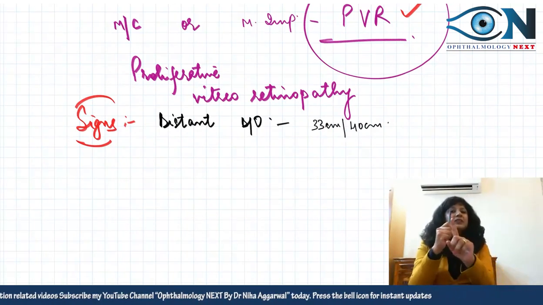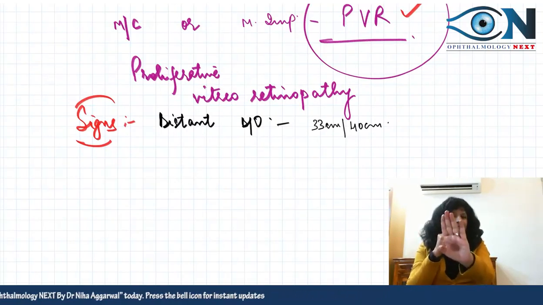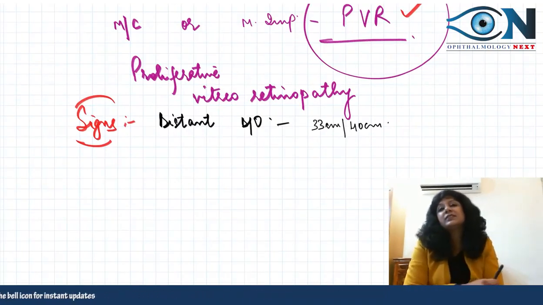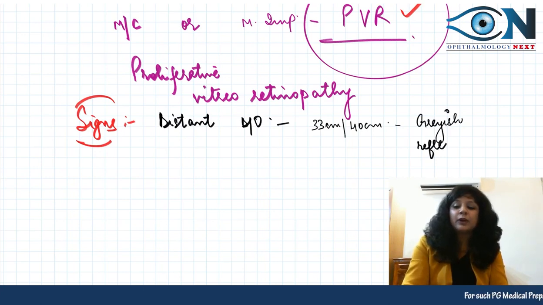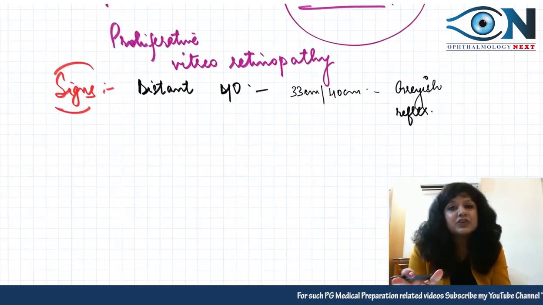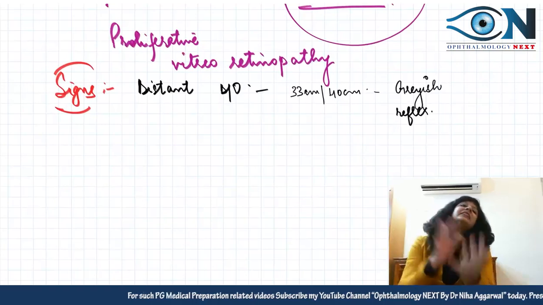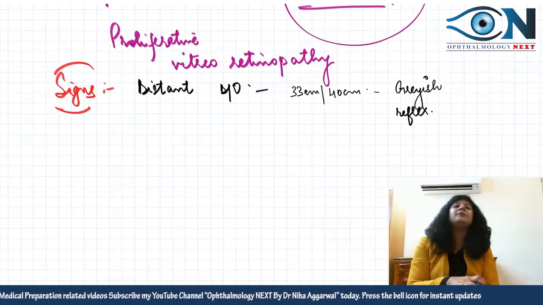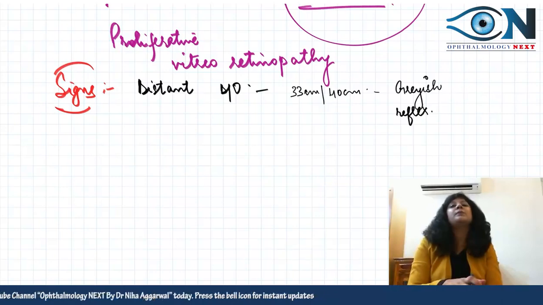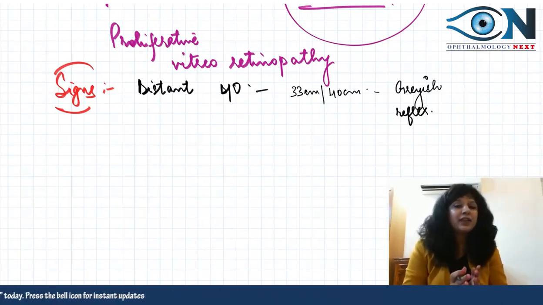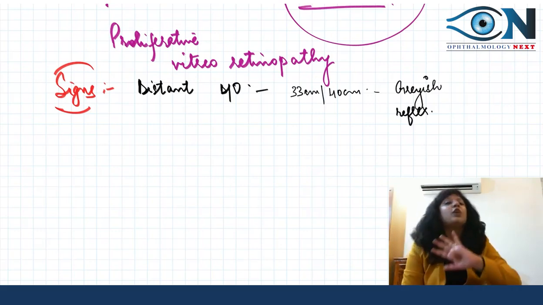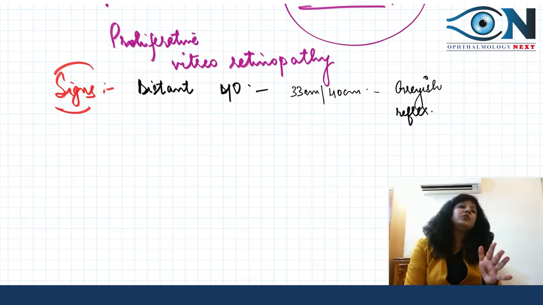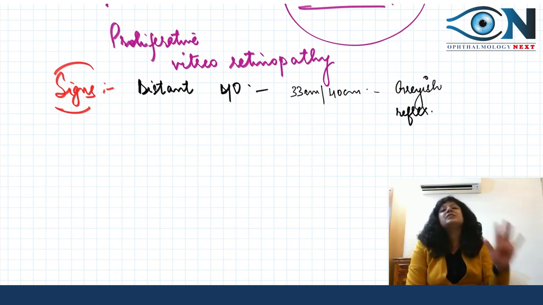Anyhow, when we are doing direct ophthalmoscopy from a distance, that is called distant direct ophthalmoscopy. So I'll be getting a grayish reflex. Normally the red reflex that is present will not be there, and I'll be getting a grayish reflex. And this is the other way around also. That means if I am doing distant direct ophthalmoscopy in a patient and I am not getting a reddish reflex, or I am getting a grayish reflex, that is always an alarming sign. That is always an alarm button. Never consider it to be normal. Grayish reflex is never normal.